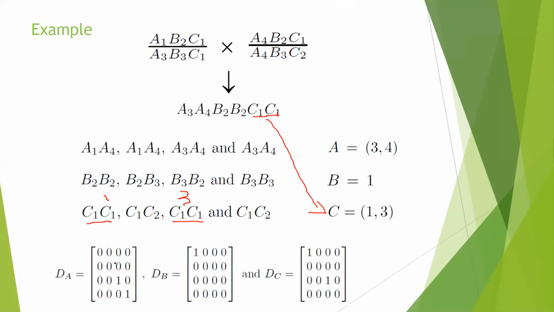All right, so now we use the D matrix to represent the genotype. For A, because we cannot tell the difference between genotype 3 and 4, we put 1 here and 1 here in the diagonal elements. For B locus, it's clear because there's only 1 possibility here, so we put a single 1 here.